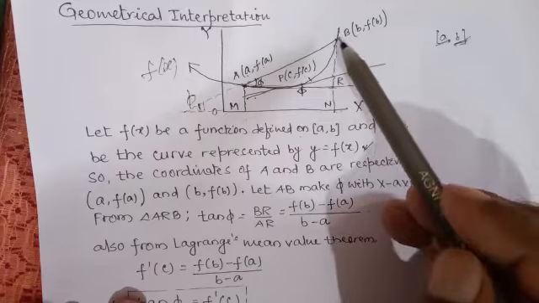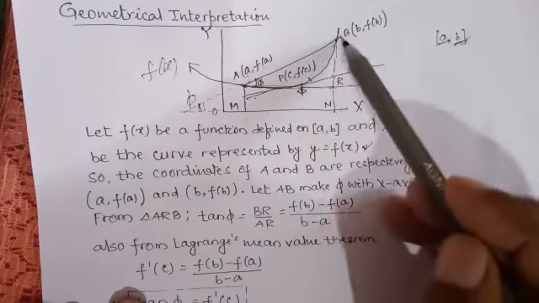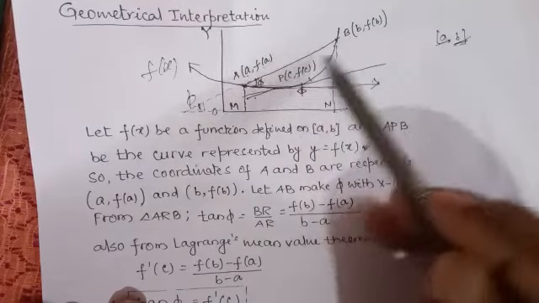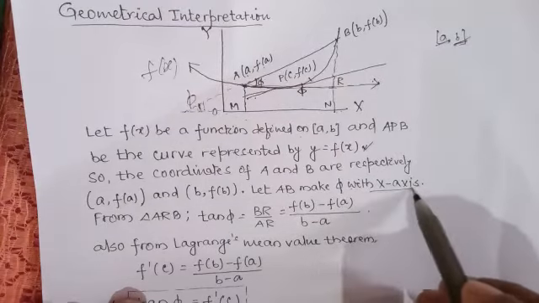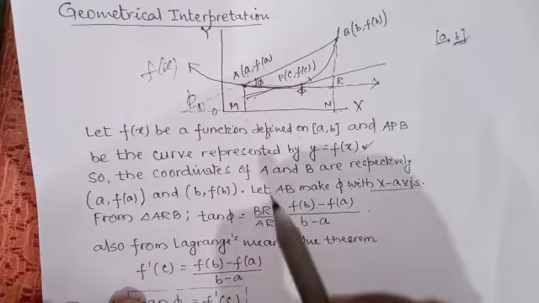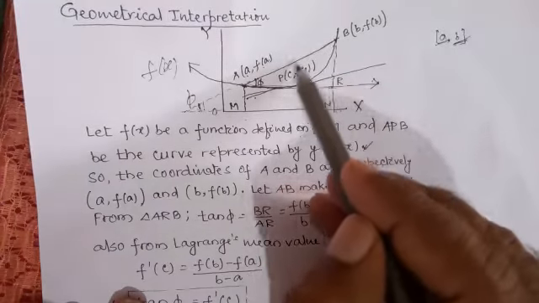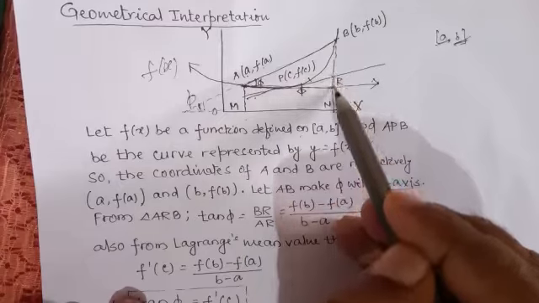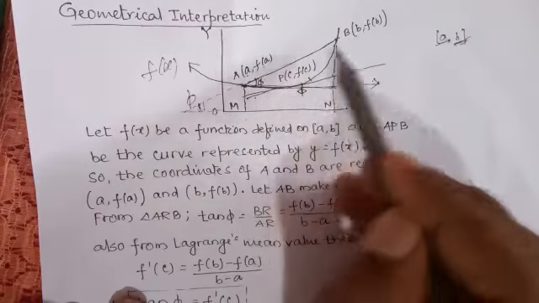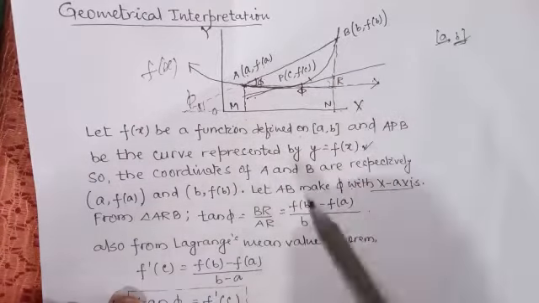Now what I have said, this line BA or AB makes an angle phi with x-axis. So we have a triangle BAR. See the figure, we have the triangle BAR, which is a right angle triangle.